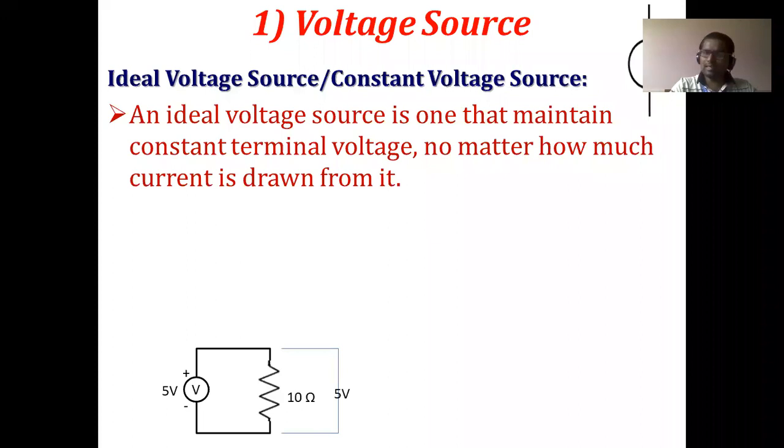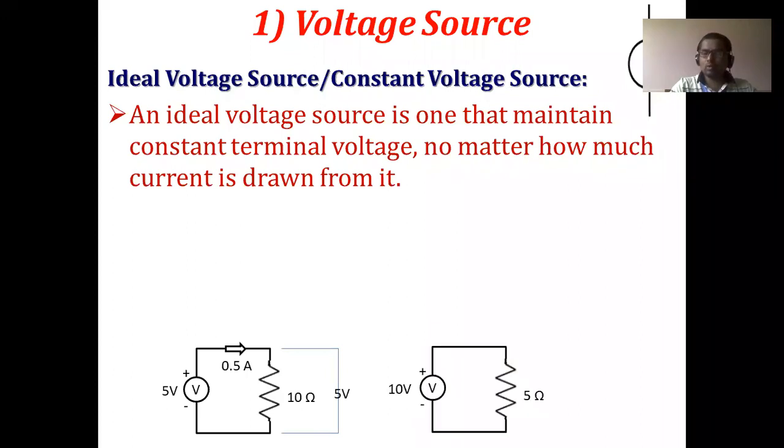The current may be anything. Here in this case the current is 0.5 ampere. In another example, I consider that the ideal voltage source is 10 volt. It means that it will maintain a constant voltage across the 5 ohm resistance, which is nothing but 10 volt. The current may be anything. Is it right?